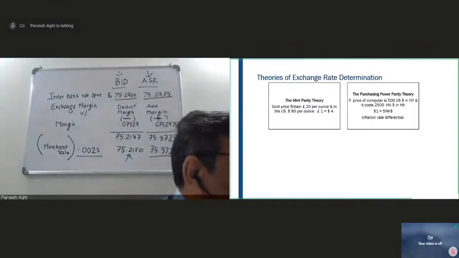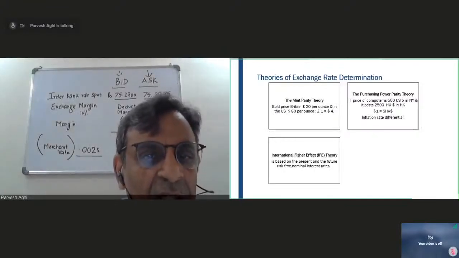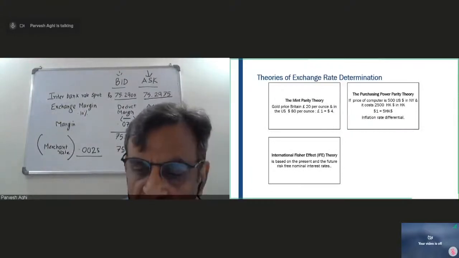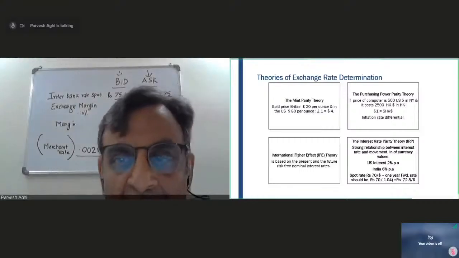So these are the two theories which came first, and the third theory is called the international Fisher effect theory. I'll come to this before that I'll explain the interest parity theory.